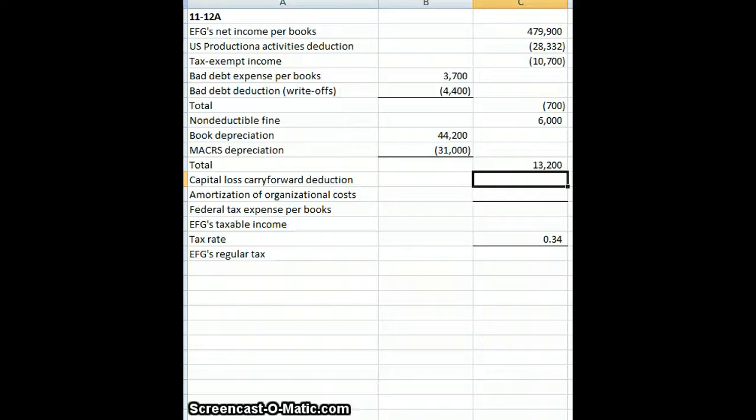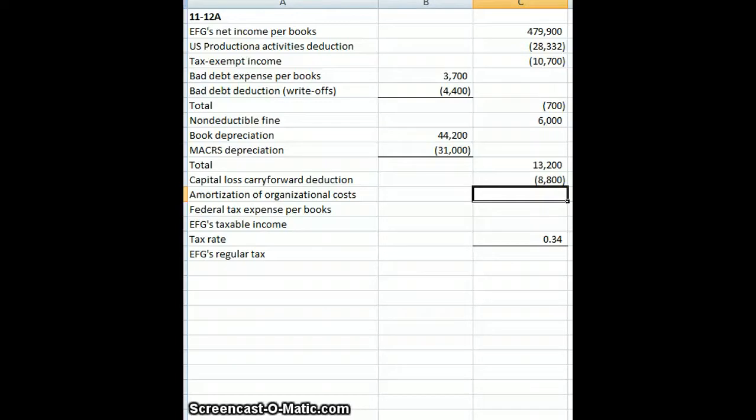Okay, next we're going to go to our section 1231 gains and losses. This is EFG's second taxable year. In its first taxable year, it recognized an $8,800 net capital loss. So remember, we can't deduct capital losses except up to capital gains. So in this year, it recognized a $31,000 section 1231 gain on the sale of equipment. So we can take that $8,800 loss carryforward, reducing our 1231 gain.